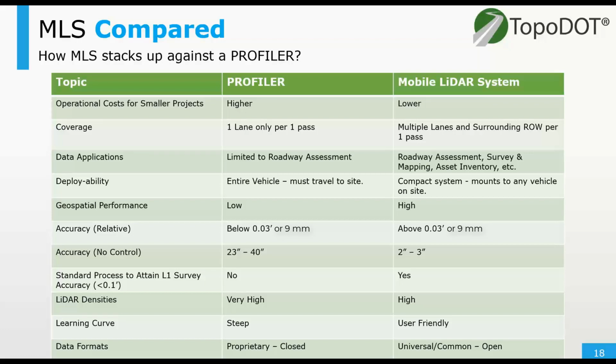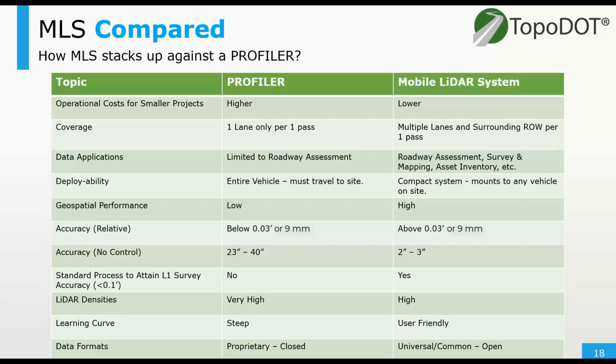With the mobile systems, you're going to get multiple lanes and the surrounding right-of-way per one pass. Okay, the applications here for the profiler are going to be limited to roadway assessment categories, where mobile data is going to have assessment, surveying, mapping, asset inventory, etc.